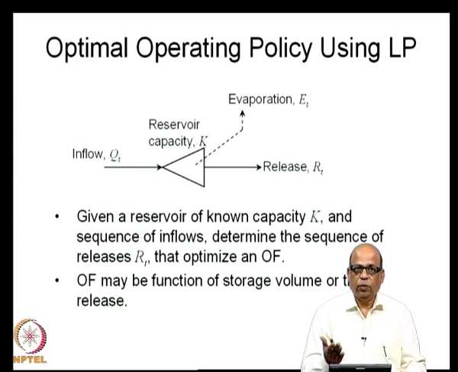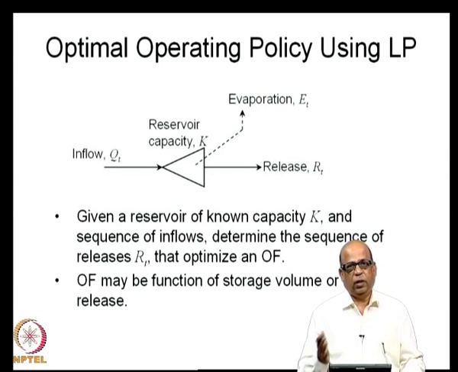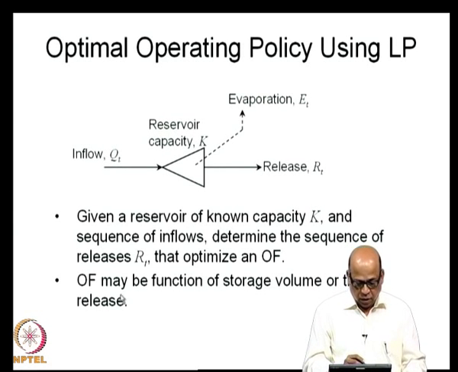This objective you quantify and put it in the form of an optimization problem, objective function, as we have studied earlier. So, the problem now is, given a reservoir of known capacity K and the sequence of inflows, so Qt is known, K is known, determine the sequence of releases Rt that optimizes an objective function.